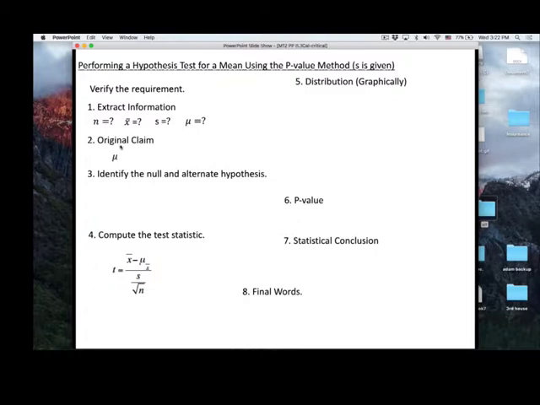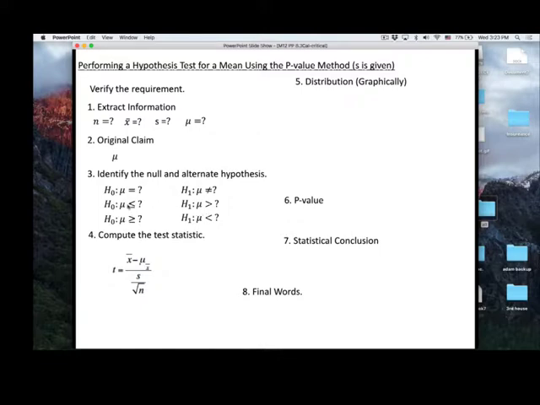And then with the claim statement, find out your original claim, and then design your null and alternate hypothesis. Remember, null and alternate hypotheses are always complementary. If this is equal, this one has to be not equal to. If this is less than or equal to, then this is going to be greater than.